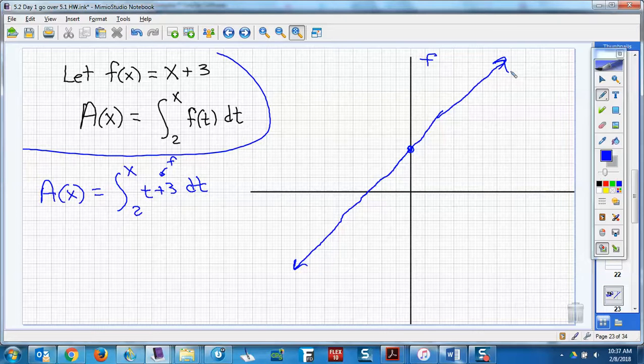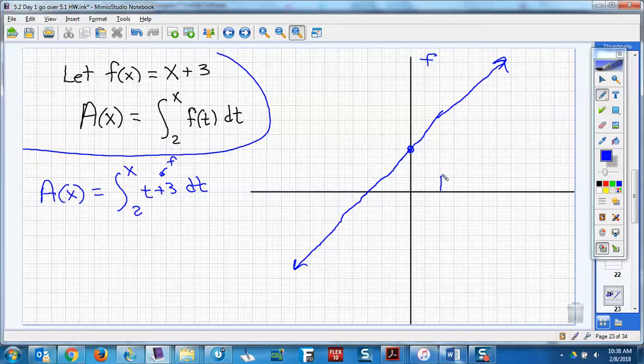Okay? All right, and we're supposed to do the area, so this is going to be much like you had to do on your packet for today, where you had to draw a picture and find the area. The difference is we're doing the area from 2 to x. We're not doing the area from 2 to 4 or 2 to 5. We're doing it 2 to x. That means your answer is going to end up with x's in it. Watch what happens.